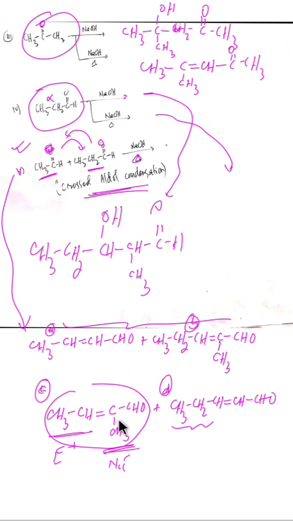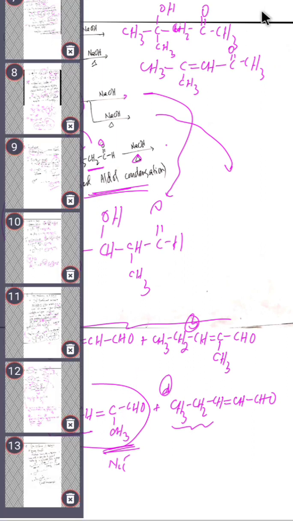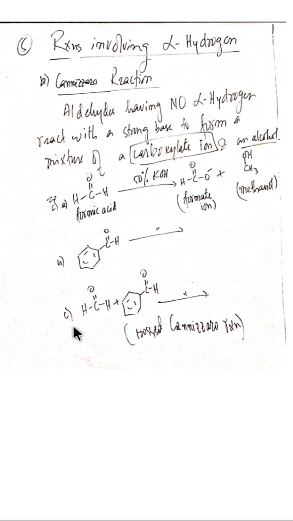Okay, now let us move to the last reaction, which is our Cannizzaro reaction. In the Cannizzaro reaction we must take those aldehydes having no alpha hydrogen, which will be reacted with a strong base to form a mixture of carboxylate ion and alcohol.